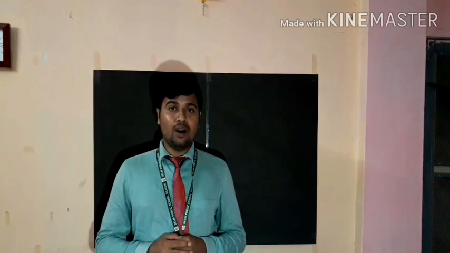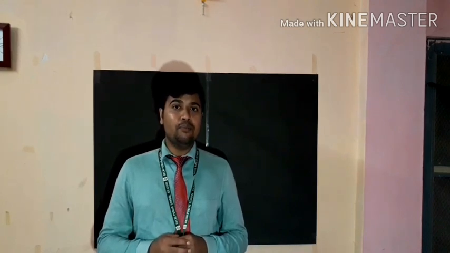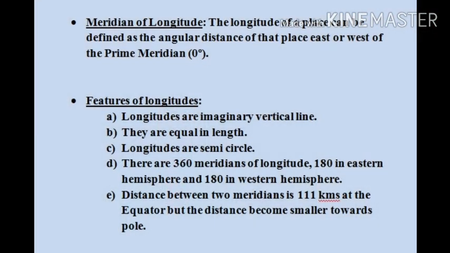We also learned about the features of longitudes: they are semicircles, vertical imaginary lines, each longitude is equal in length, and the distance between two longitudes is maximum near the equator and minimum near the pole. And we learned about the differences between latitudes and longitudes.